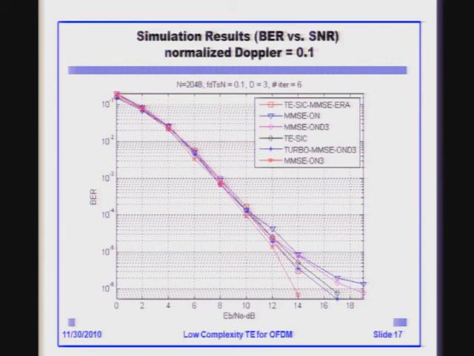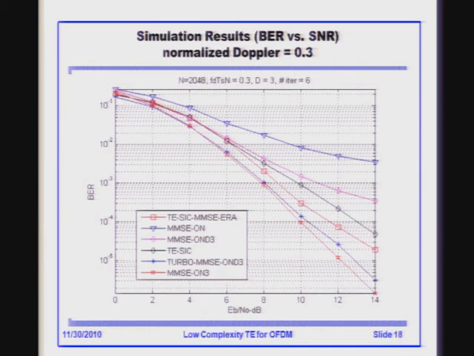Whereas if you look at the end, you can see that MMSE ON is the worst, and next to that is MMSE OND cube, and next to that is our scheme, and next to that is the turbo MMSE OND cube, and the last one is the most computationally expensive. And we will come back to TE SIC MMSE in a bit.